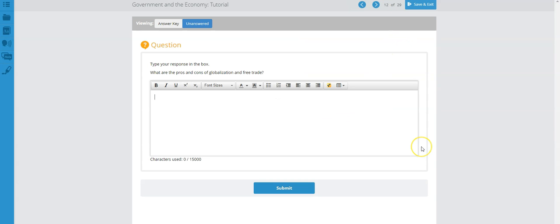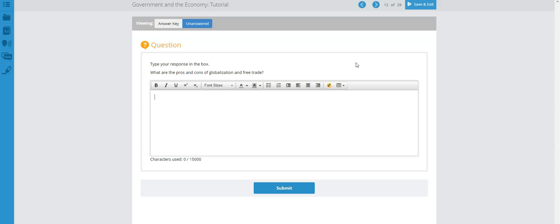Let's move on. This is page 12 of the government and economy tutorial. And you basically have to answer a question here, which is, what are the pros and cons of globalization and free trade? Please make sure that you're familiar with the concept of globalization and also free trade. You should have seen these concepts in the previous tutorials and also in the previous slides of this tutorial.